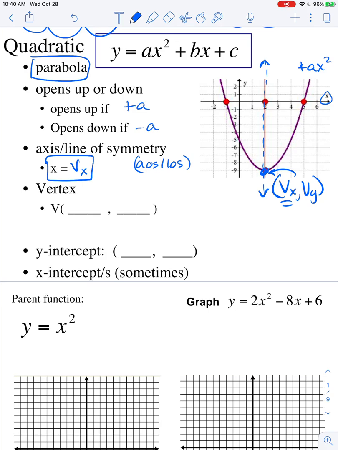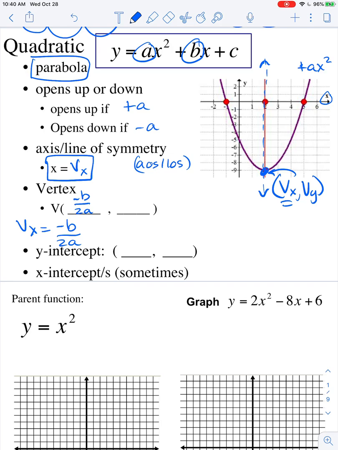So how do you find the vertex? I know you're wondering, so I'm going to tell you. To find the x coordinate, you're going to take the opposite of your b value from up in this equation and divide it by 2 times your a value from up in the original equation. So you're going to calculate that by taking the opposite of b over 2a, and reduce that to the smallest possible value.